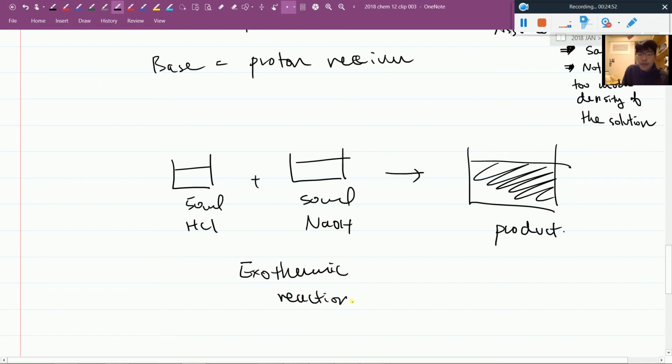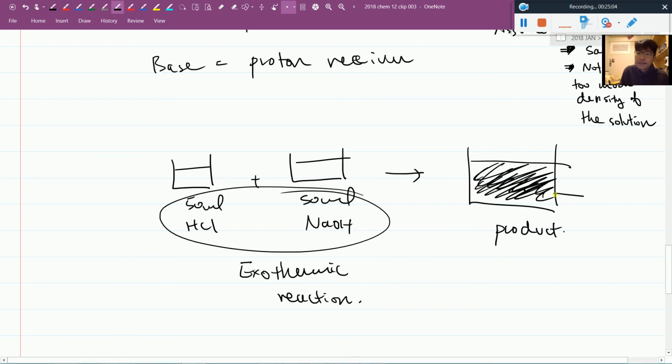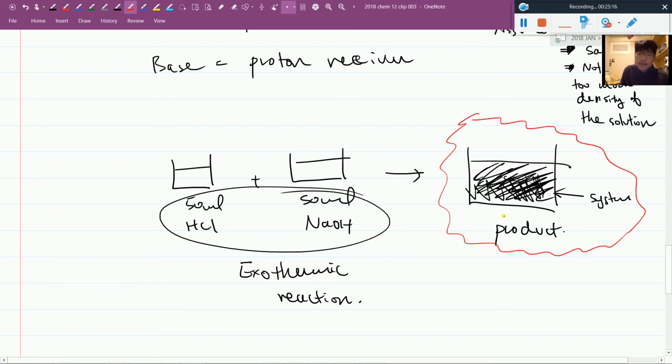When it's an exothermic reaction, those things react and you'll find that the temperature changes. So that's the interesting thing to look at. The system in here is the product, the hydrochloric acid and sodium hydroxide, and we have what we call the surrounding.